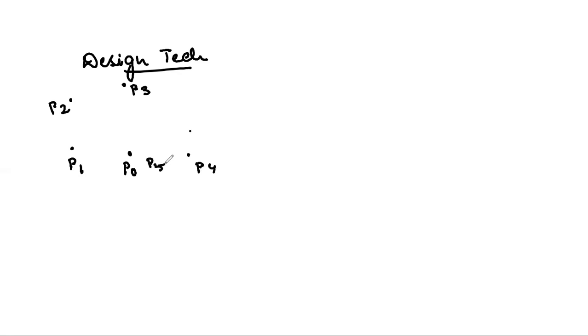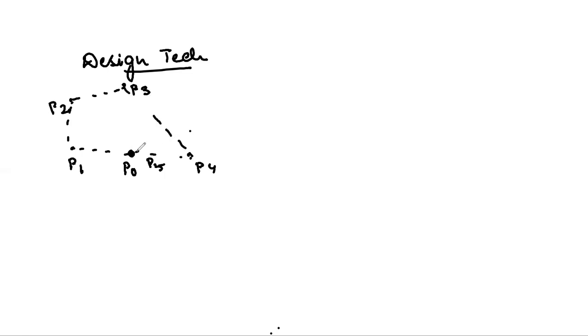Let me write this as the design techniques using the Bezier curves. For example, if I take point P0, point P1, point P2, then point P3, and somewhere here P4. Let me take one more point P5, which will overlap with P0. That means P0 and P5 are equal. Now if we join this, it basically starts here, goes here, then comes here.